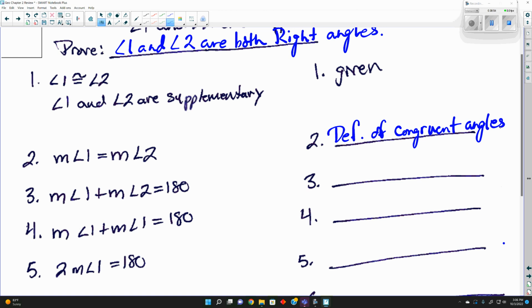So 3, the measure of angle 1 plus the measure of angle 2 is equal to 180. Well, this is the definition of supplementary angles. So really, I just used the definitions to take what was given and rewrite them out.